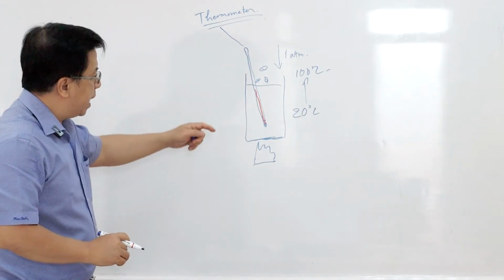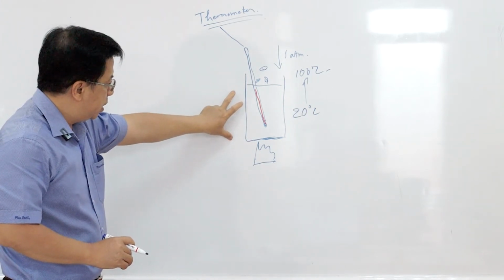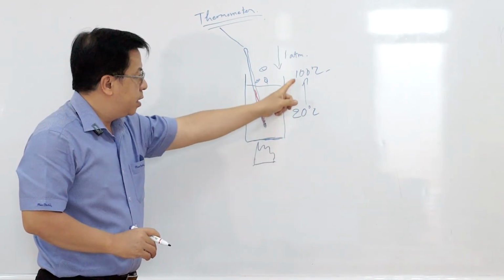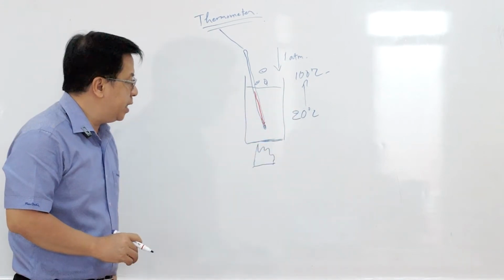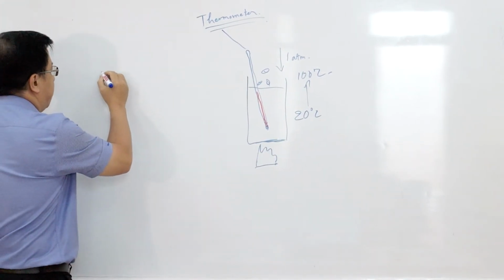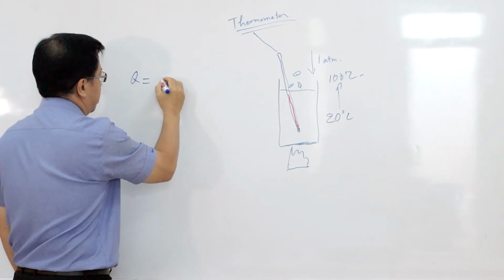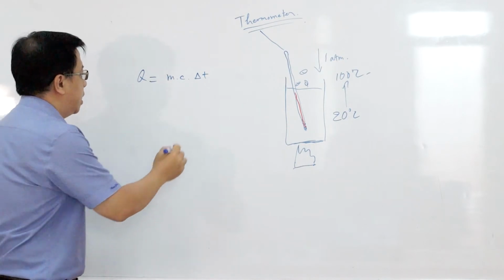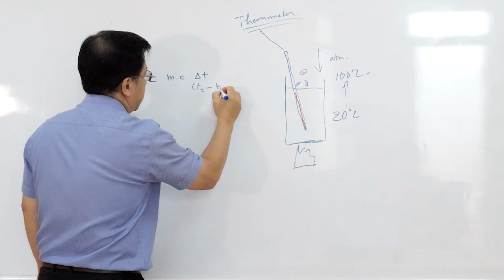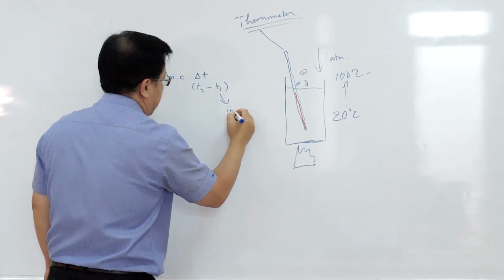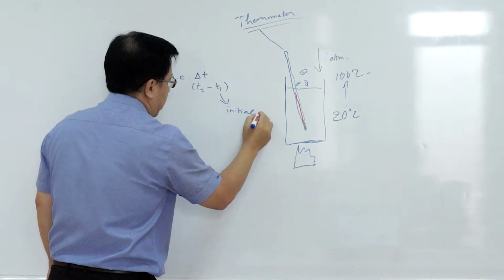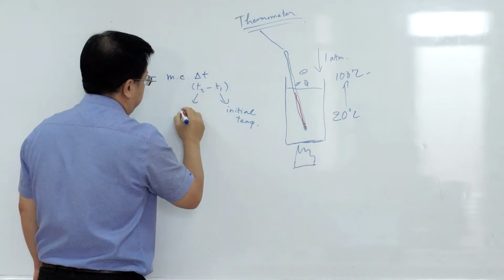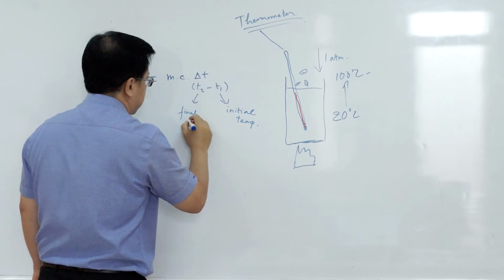So you see that the heat or the energy used to increase the temperature from 20 degrees to 100 degrees is based on the formula Q equals mc delta T. Delta T here is T2 minus T1. This one is the initial temperature, and this one is the final temperature.